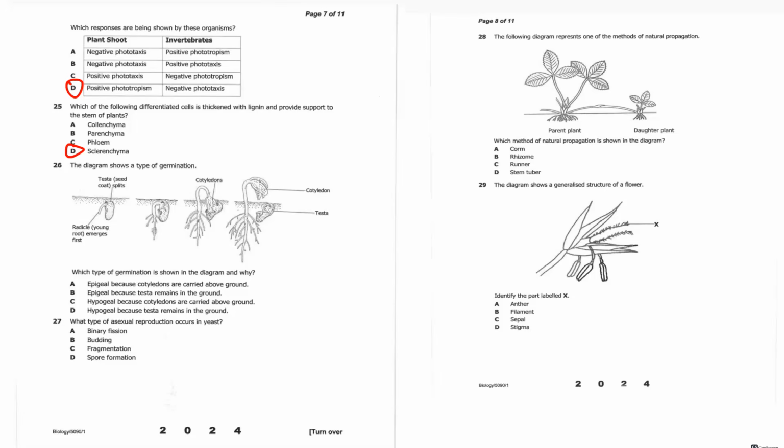What are they? The diagram shows the types of germination. What type of germination is shown in the diagram? So this cotyledon comes out. This is called epigeal, because the cotyledon is carried out above the ground, so the answer is A. What type of asexual reproduction occurs in yeast? That is called budding.